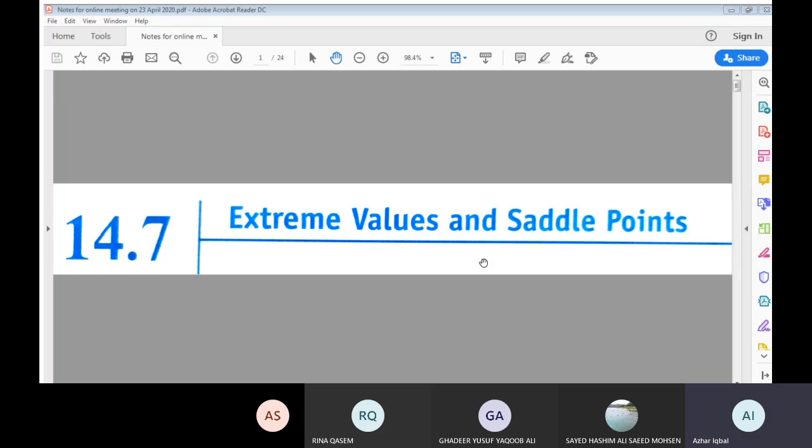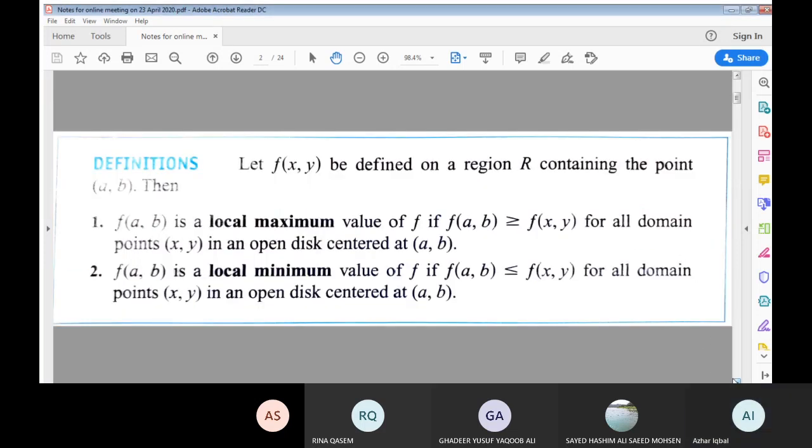Okay, so extreme values and saddle points. We start by considering definitions. The first one is this: if we have a function of two variables, f of x, y, defined on a region R which contains this point.